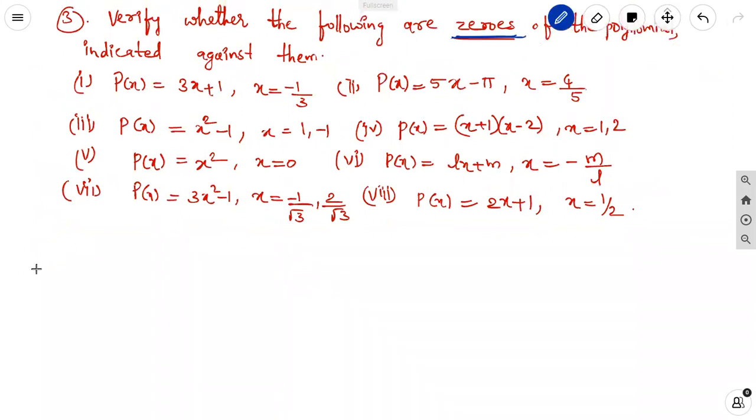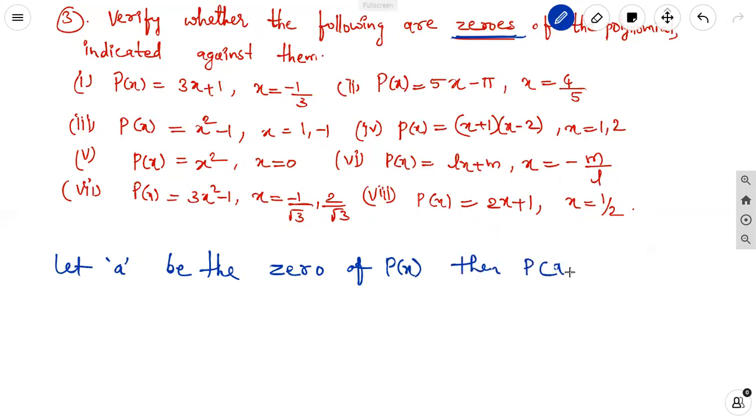Just take, let a be the zero of P of x, then P of a should be equal to 0.